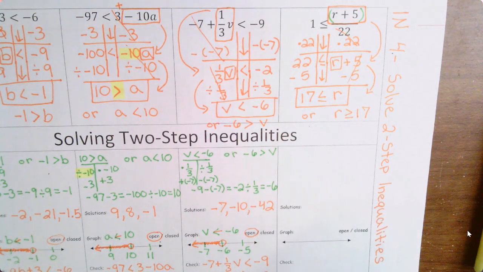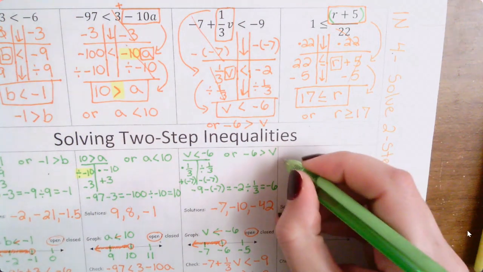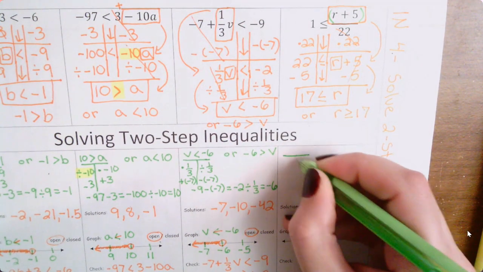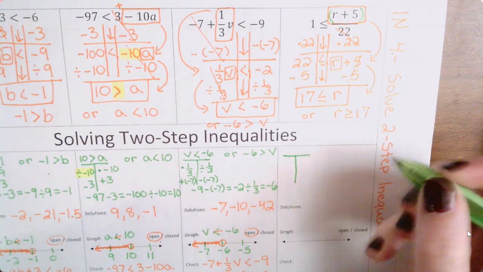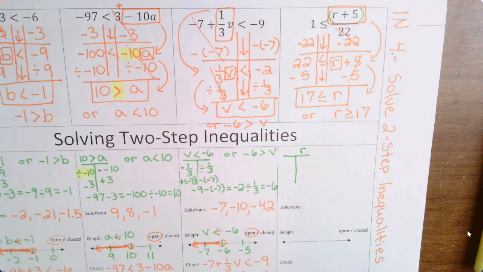Now taking this and converting it to my do and undo method, I'm going to draw my t-table here. My variable is on the right again, so I'm going to put my variable on the right of my t-table. Again, I'm not going to write my inequality sign yet.